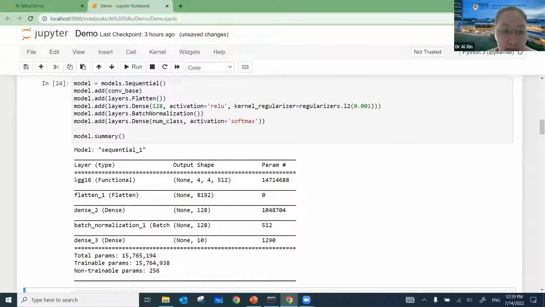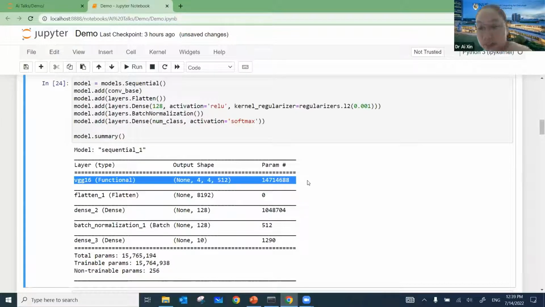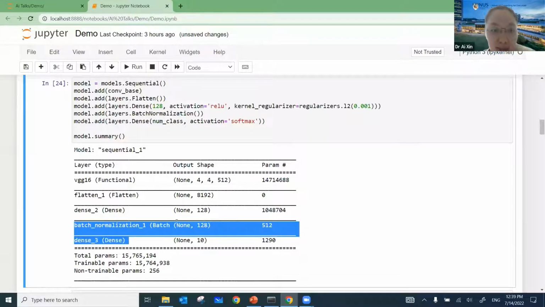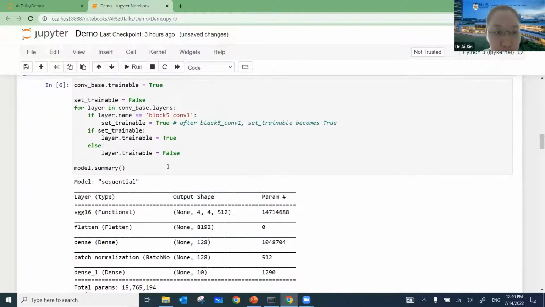The first layer is a VGG16 layer, which is a pre-trained model. This model has been trained on the ImageNet dataset, 1.5 million images, so I can just add that pre-trained model as a layer. Then after that, I add some other layers as well. So this is my model.